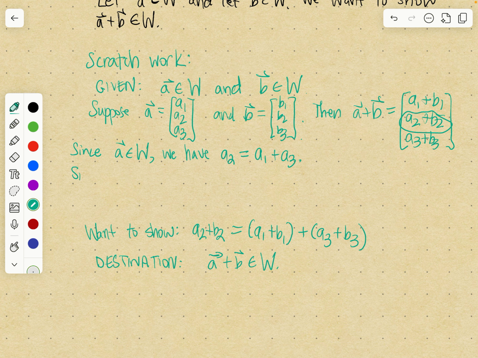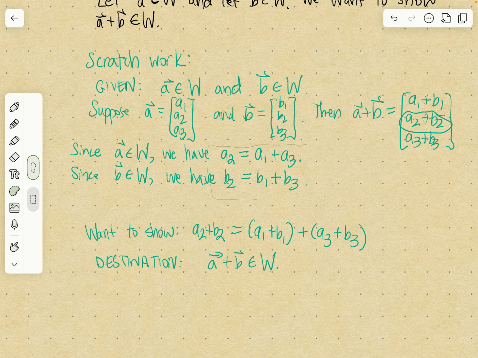And similarly, since B is in W, we have that the second component, B2, is the sum of the first and third components. So really what we know about the components of A and B is these two equations. These are the equations we have to work with, and we're trying to get this.